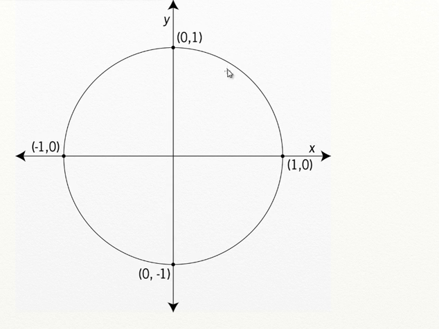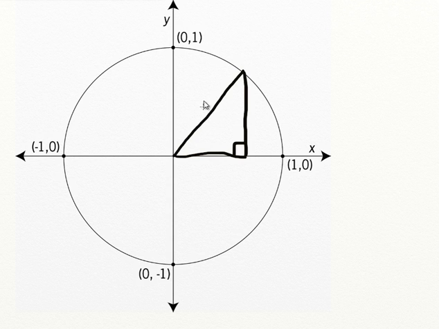Well, let's take this circle and put that triangle in there, that we had placed on the previous screen. So there's our triangle. Now, one important thing. This is the unit circle, and that means that this hypotenuse is actually the radius of the circle.